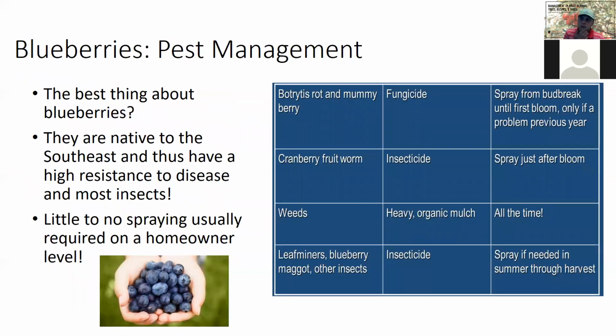So pest management. As opposed to putting a full spray schedule on here, the best thing about blueberries is they're native to the Southeast. They have a high resistance to disease and most insects, and most of the time they require little to no spraying for most homeowners.